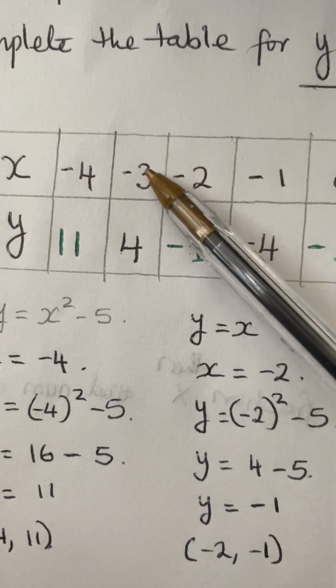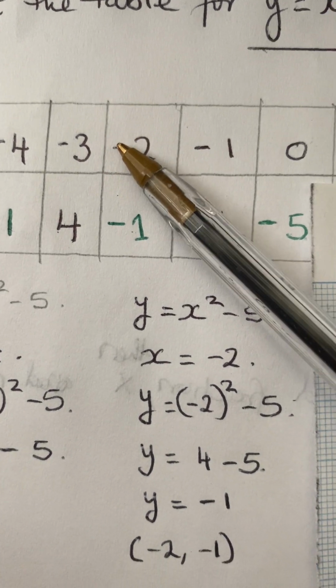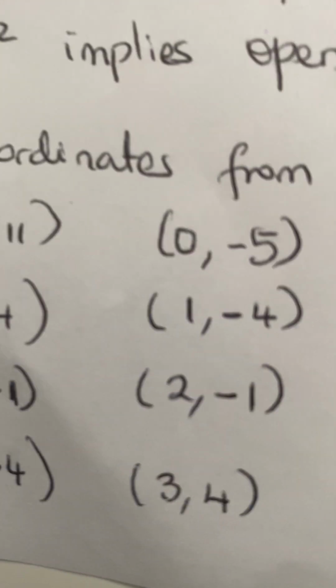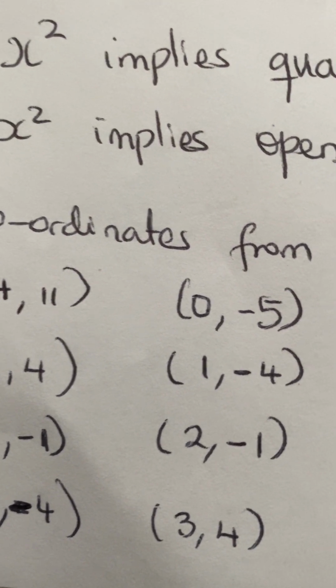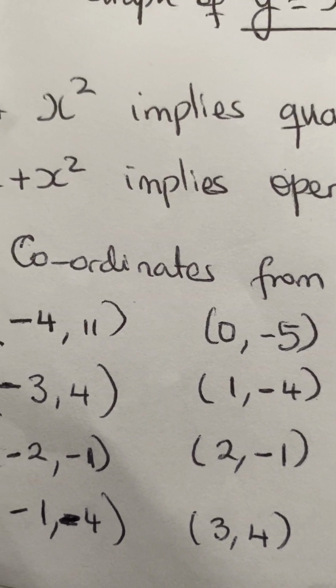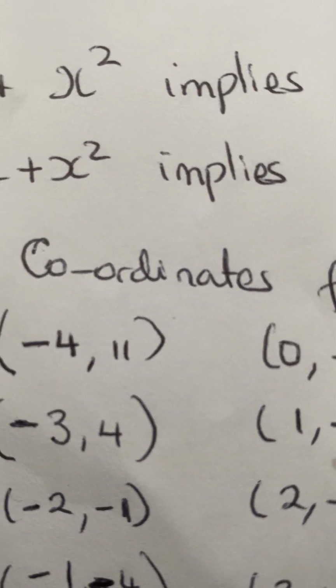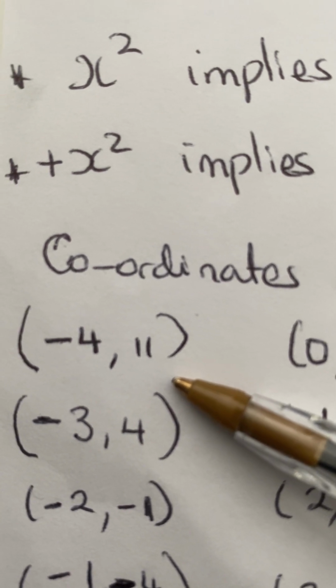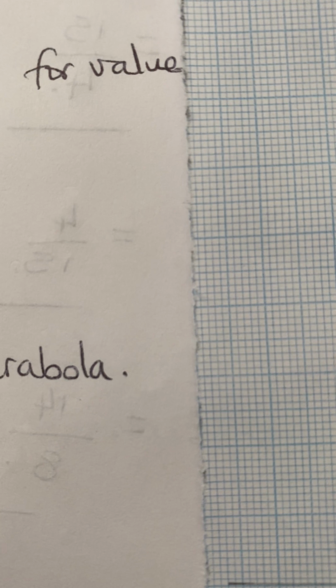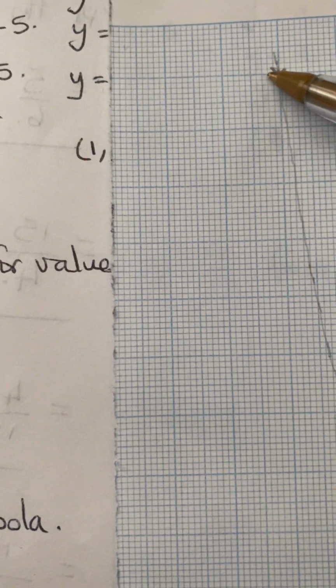So you either go by the table, and if that is not helpful, just write the coordinates out and then plot. I've written the coordinates out. So when x is -4, y is 11.